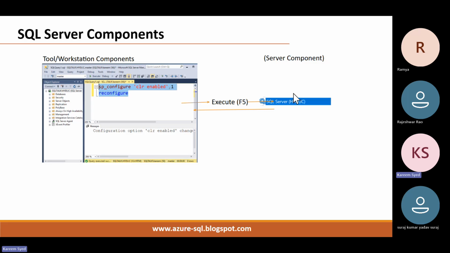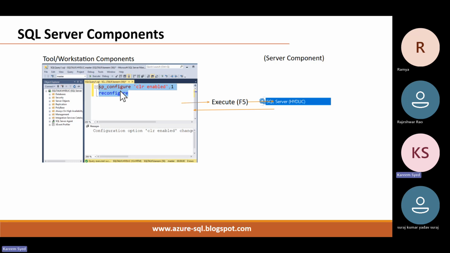Right. So from here, you can understand whenever you want to install SQL Server, the first step is we install server components, nothing but services. The second step is we install the SQL Server Management Studio through which we can connect to the server and start working.